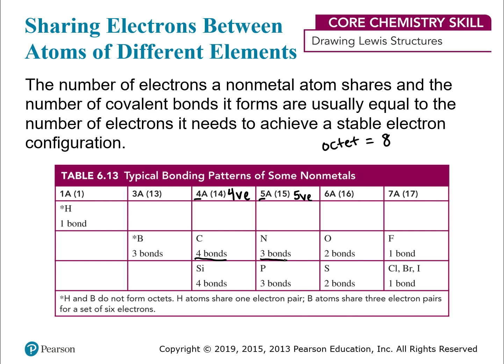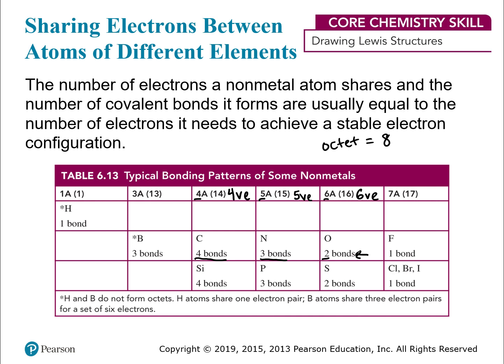The number of electrons that a nonmetal atom needs to complete its octet is the same number of bonds that it can form. So again, one more time for clarity. Oxygen is in 6A. It has 6 valence electrons. It needs 2 electrons to complete an octet. It can make 2 bonds. So that's all we're saying here.